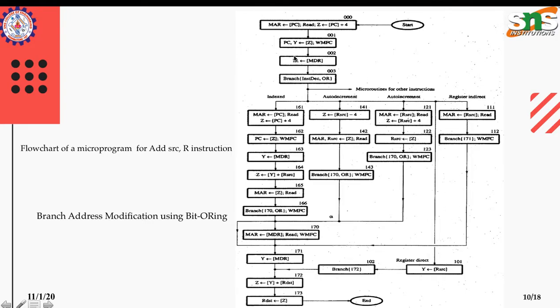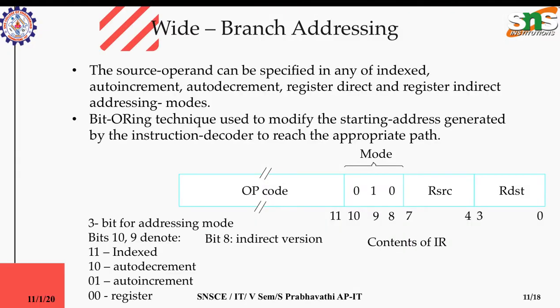At this point we need to identify which addressing mode has to be implemented based on the instruction register. To pick up one of the addresses, there comes the concept of bit ORing. The bit ORing technique is used to select one of the addressing modes based on what the instruction register specifies, and that is the concept behind wide branch addressing.